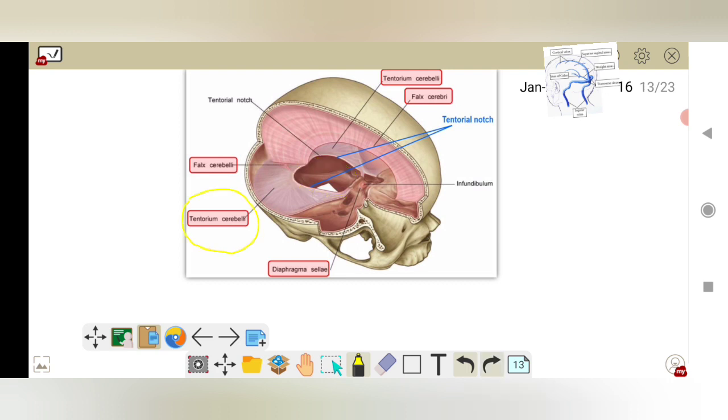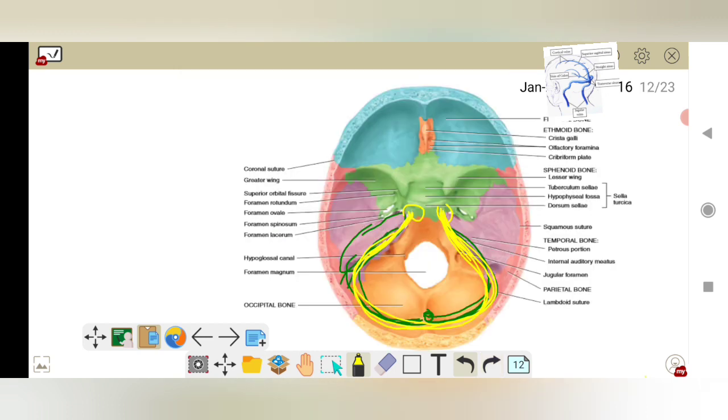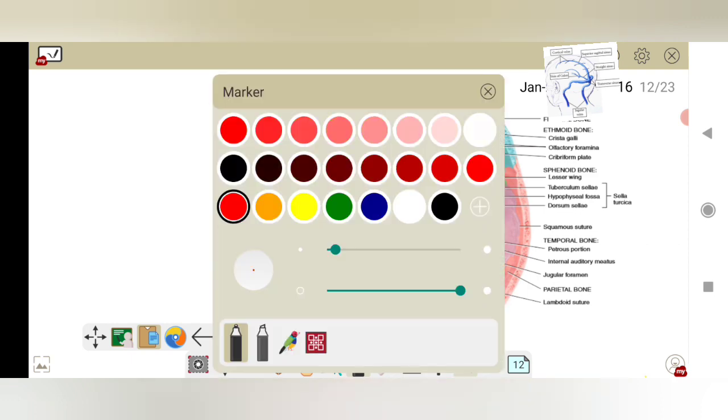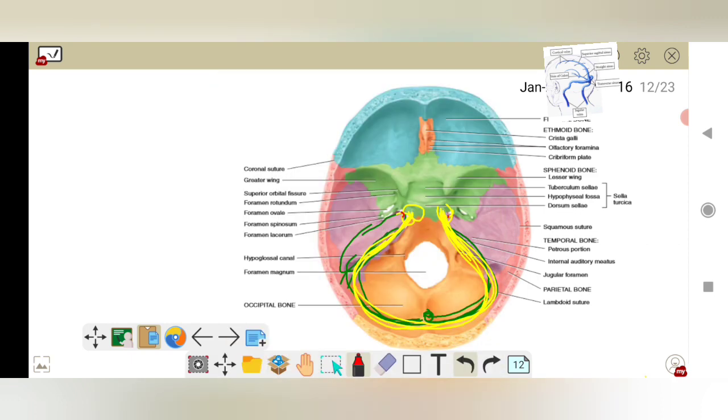The attached margin goes up to the dorsum sellae, and this U-shaped notch is the tentorial notch formed by the free margin of the tentorium cerebelli. The ends of the free margin are attached at the anterior clinoid processes of the lesser wing of the sphenoid bone.